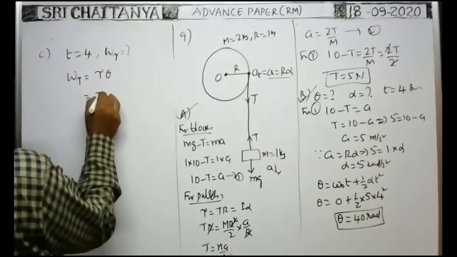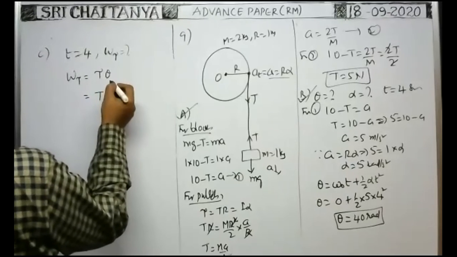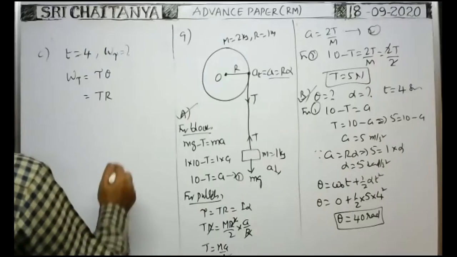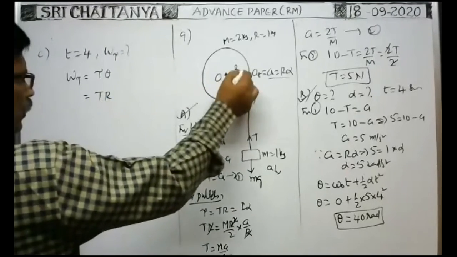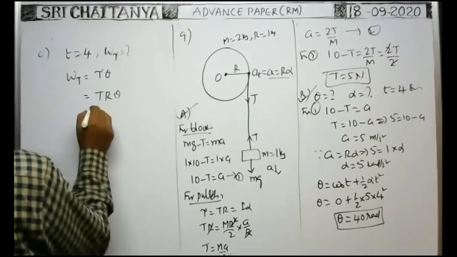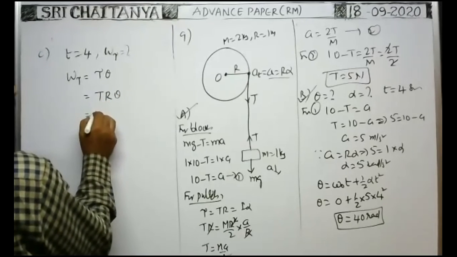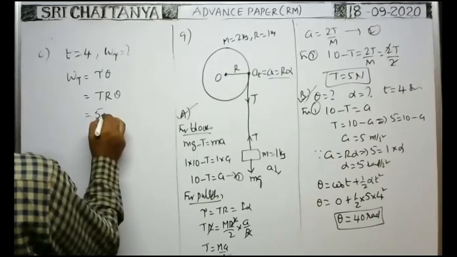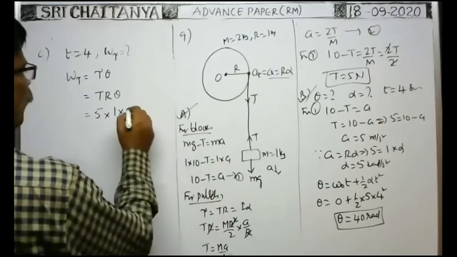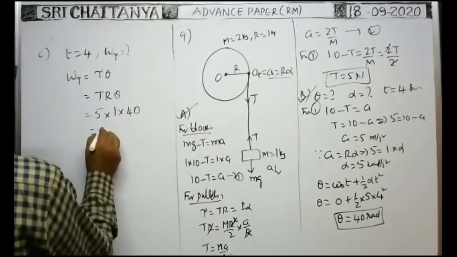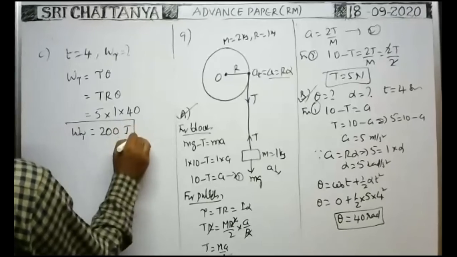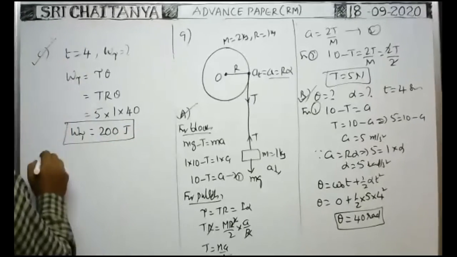Torque tau is equal to tension into radius, T into R, into theta. You substitute the data. T is 5 Newton, into radius 1 meter, into angular displacement 40. That's why 200 joules. So work done by torque is equal to 200 joules. So this is also correct. Next, D.